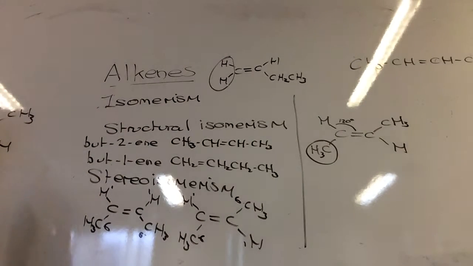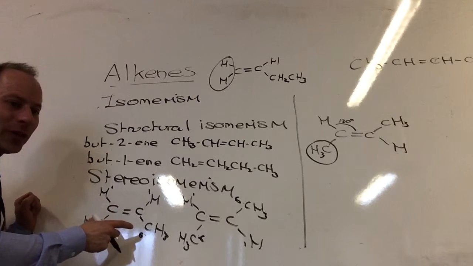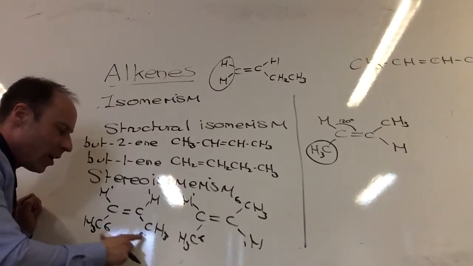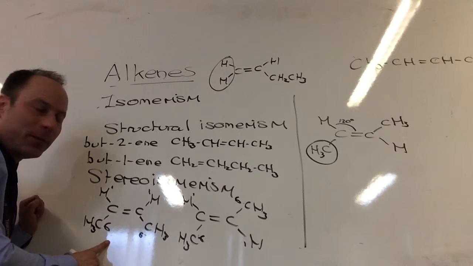So what we look at is how the highest priority groups are arranged. Out of all of these, carbon is a higher priority group because that's got a higher atomic number.